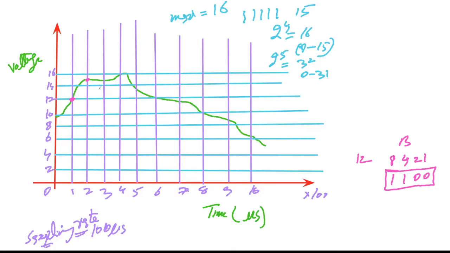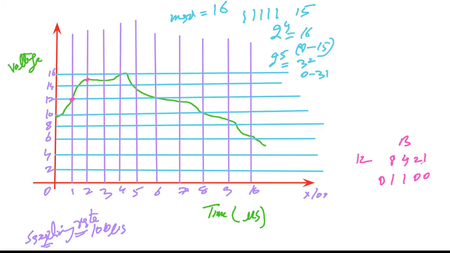I could represent this number in 4 binary digits, but here the maximum value is 16, so I must represent the binary number in 5 bits. The first sample will be 01100.